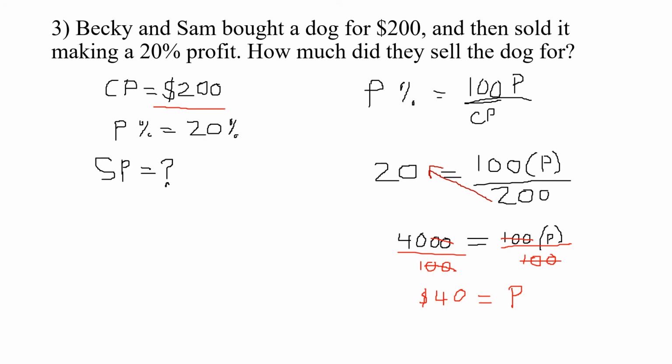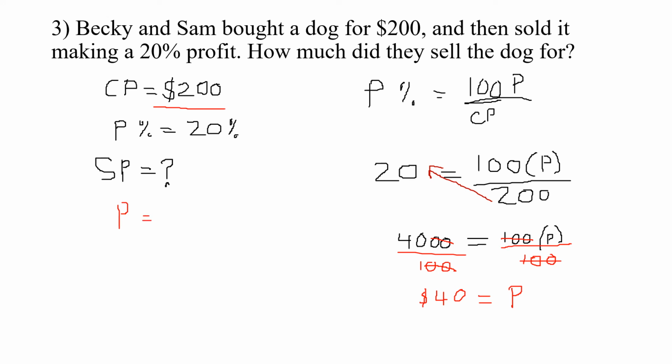And what I found here now is the profit. However, this does not answer our question here. The question didn't ask us to find out the profit. The question asked us to find out how much did they sell the dog for. We know now that the selling price will be equal to the cost price plus the profit. And in case you're wondering how I come up with that, we're going back two videos ago.